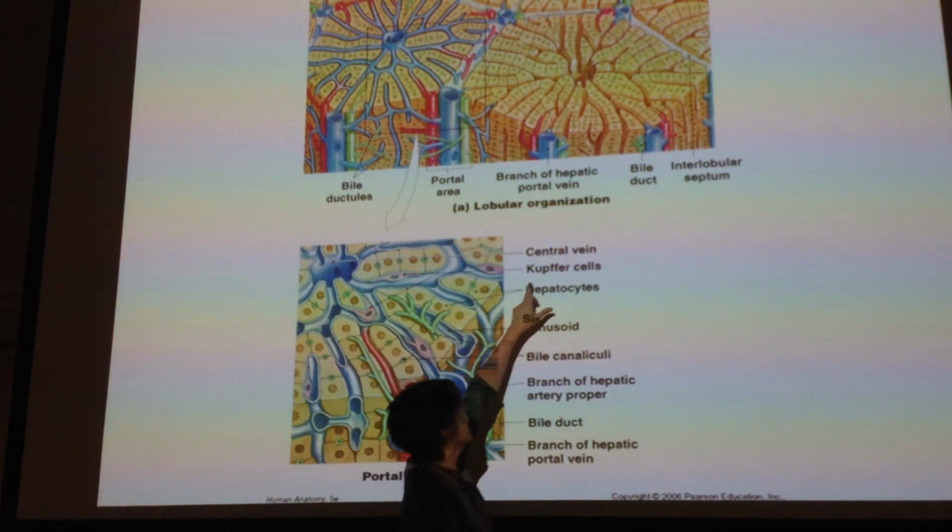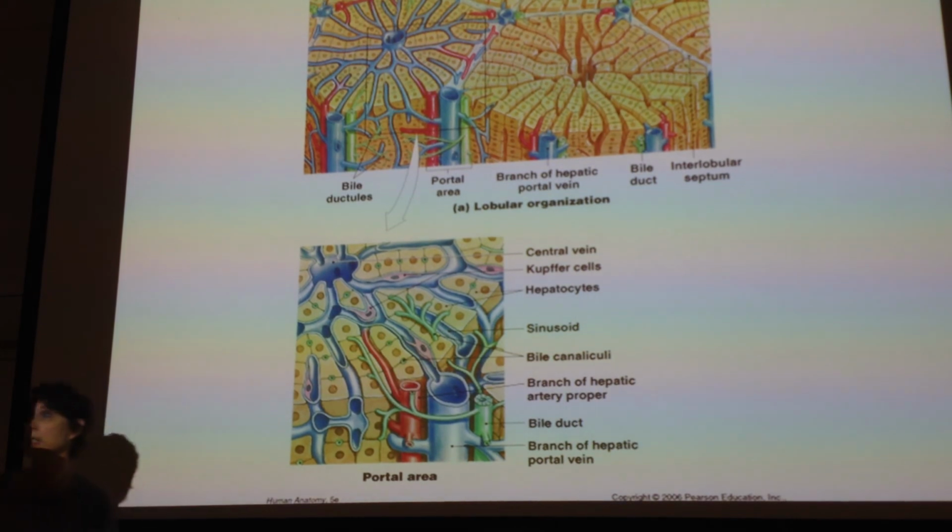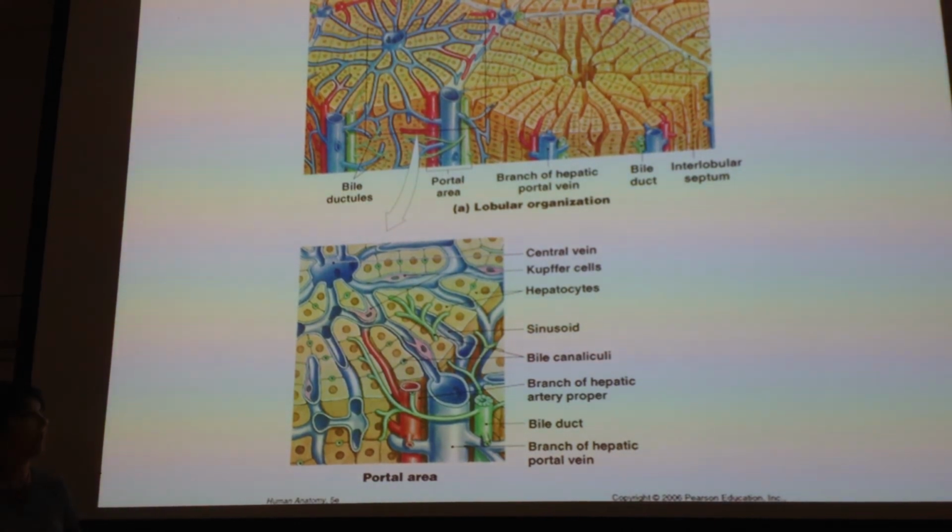So that's another name for the macrophage. And their major function is to remove old, aged red blood cells. Red blood cells can't reproduce. They only have a lifespan of about 4 months. And their membrane gets fragile. And so the liver and the spleen are responsible for removing these aged red blood cells.